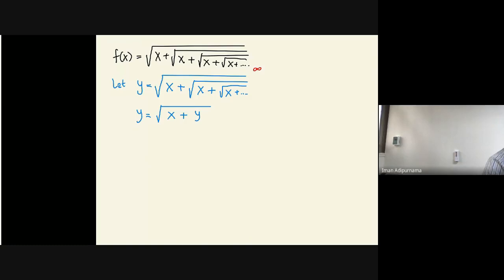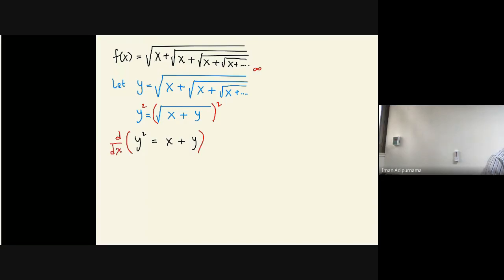I can rewrite this, and like the previous slides, let's square both sides, and it will be y squared equals x plus y. It's much simpler. And we implicitly differentiate this.